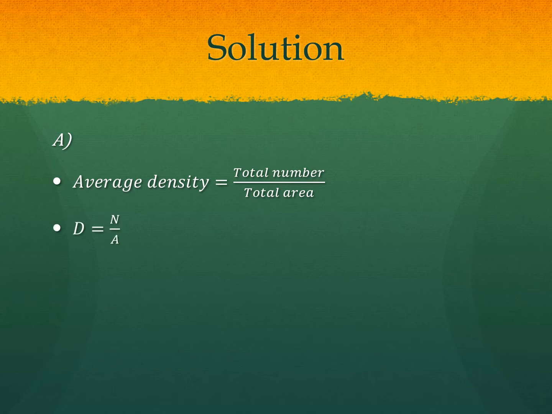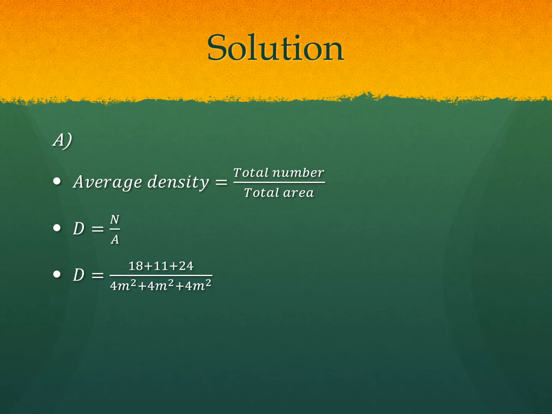So in this case, we have density equals number over area, or N over A. So if we input the numbers that we have, 18 plus 11 plus 24. Those were the number of ragweed plants that we counted in each of our 3 quadrats. Now we have to divide that by the total area. We had 3 quadrats. Each of them were 2 meters by 2 meters. So we have 4 meters squared plus 4 meters squared plus 4 meters squared.